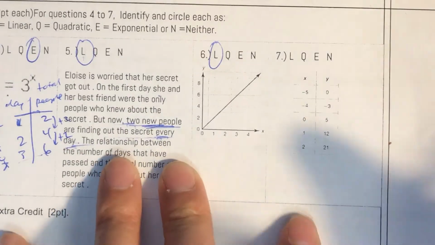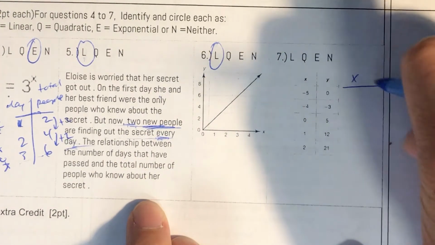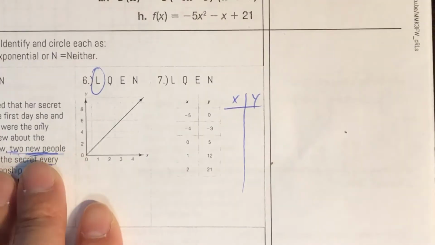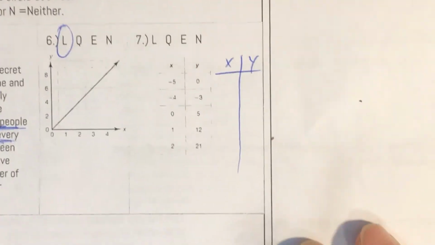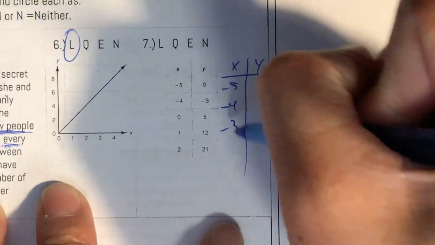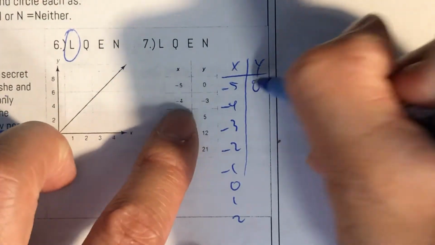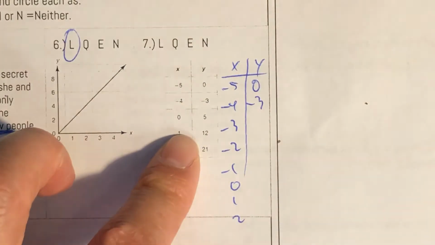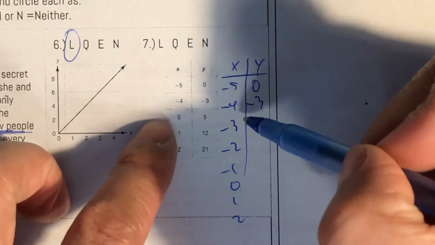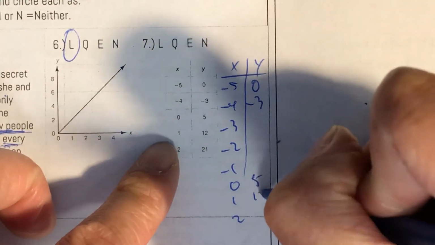Number 7 is a little bit tricky. If you notice here, they're not counting by 1, so if you make a new table of values, you don't have -3, -2, -1, you have 0, you have 1, and you have 21.